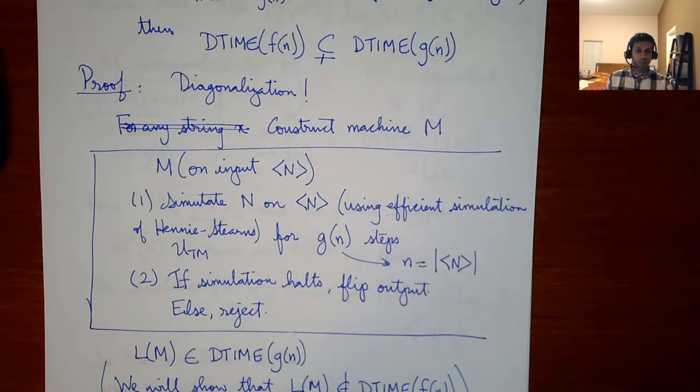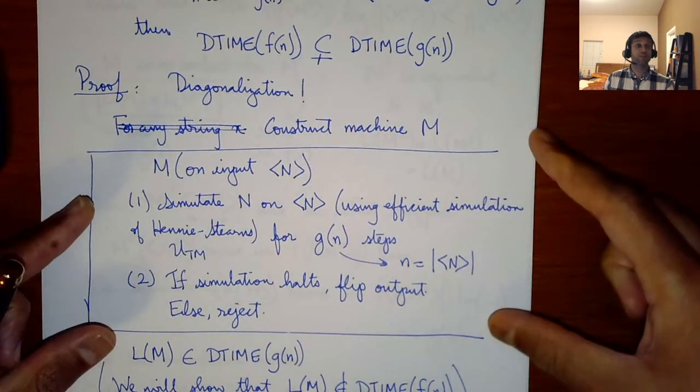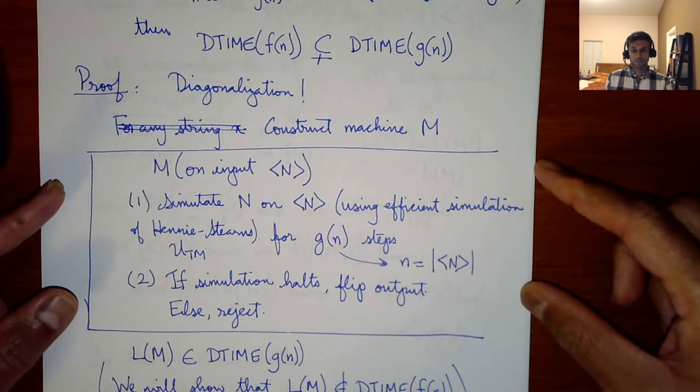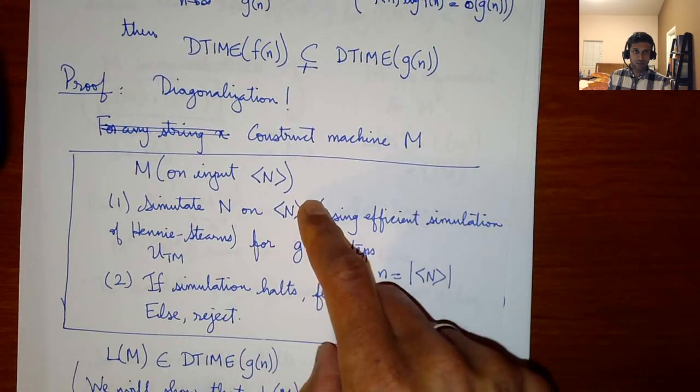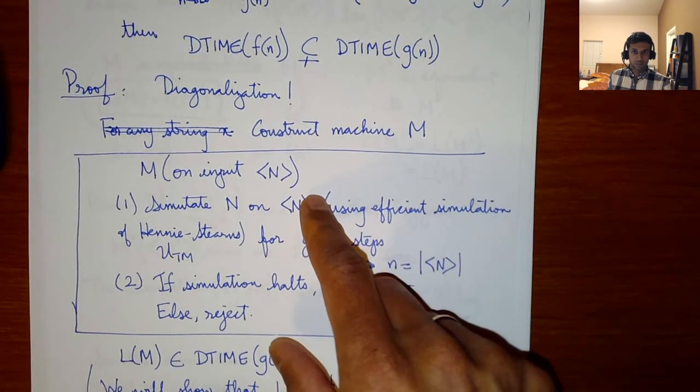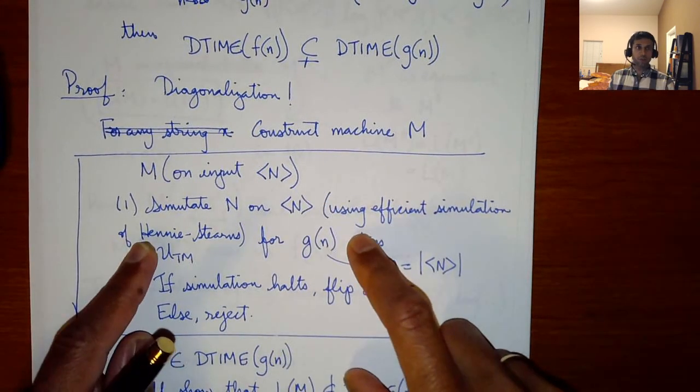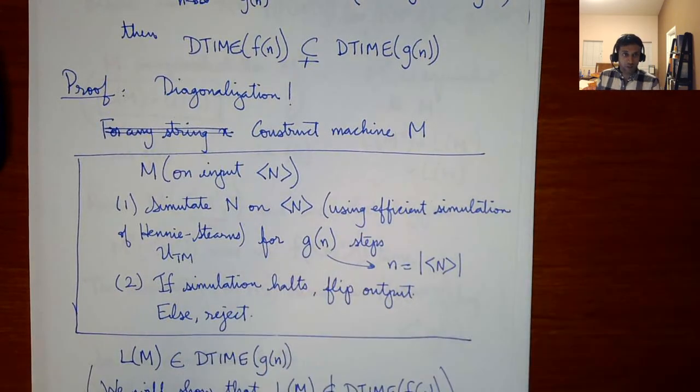There is this other machine that runs in DTIME f of n, a much faster machine for whatever language this accepts. Now you take that machine and you simply feed it in here. The simulation is going to terminate because g of n is enough to simulate an f of n time Turing machine.